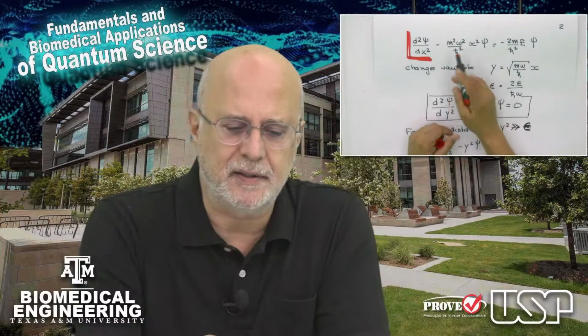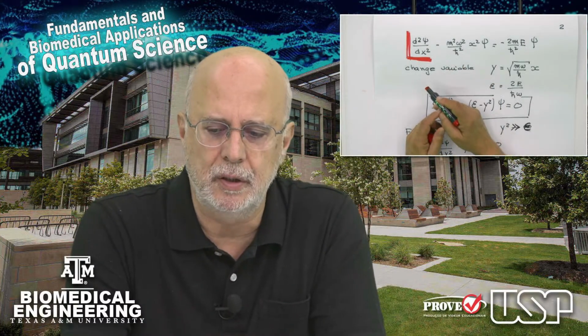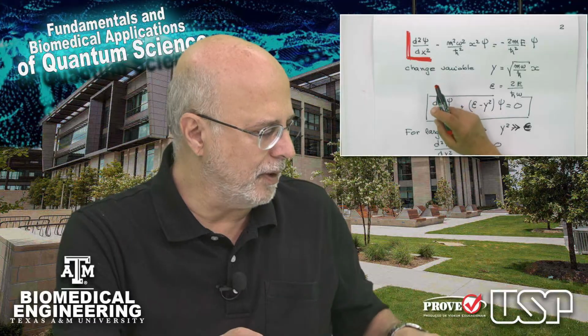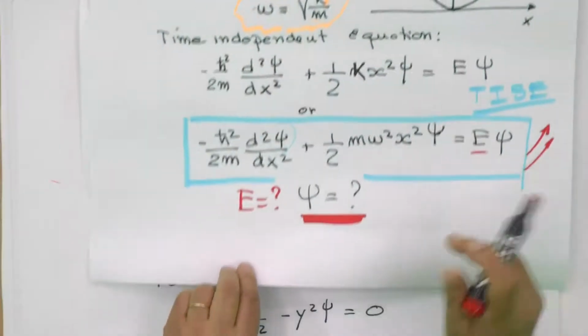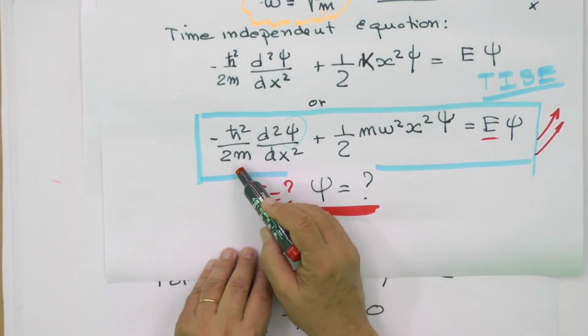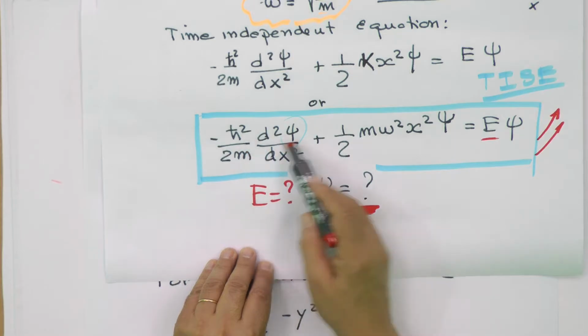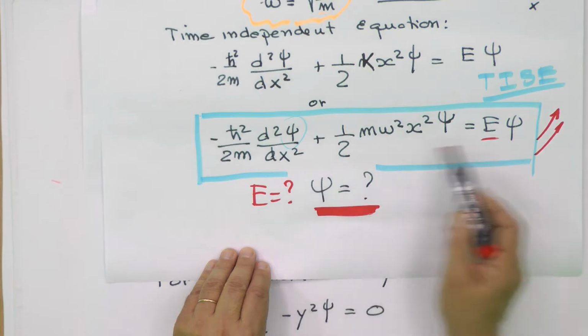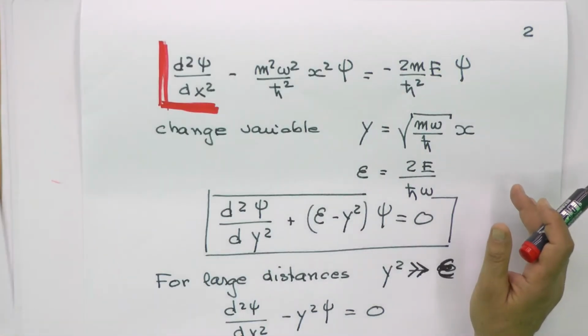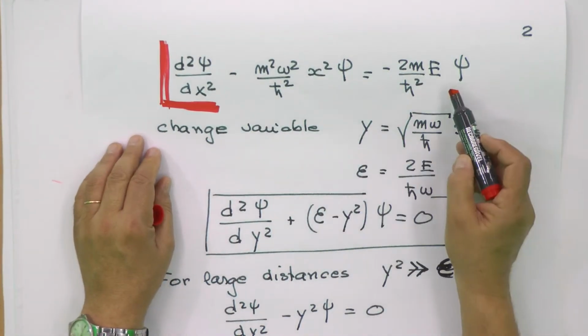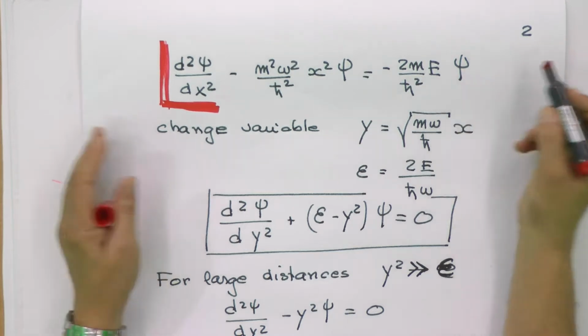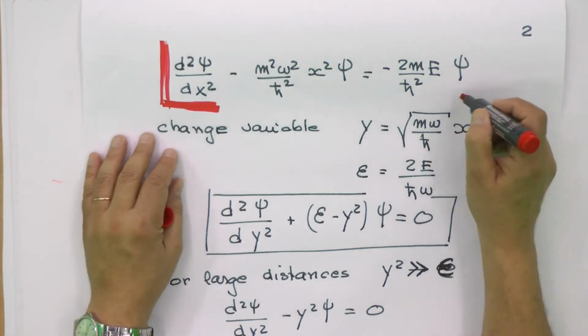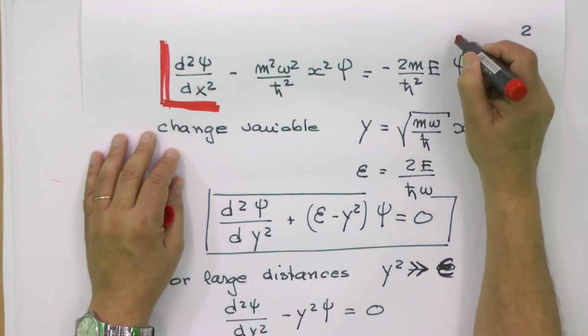So this is just the original equation that we multiplied: we took this term, multiplied everything by 2m, divided everything by h bar squared, and multiplied by minus. At the end of the day, we have this, after doing this multiplication, which is quite easy. And this is the one we have to solve.